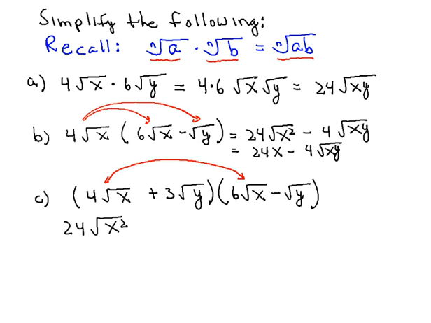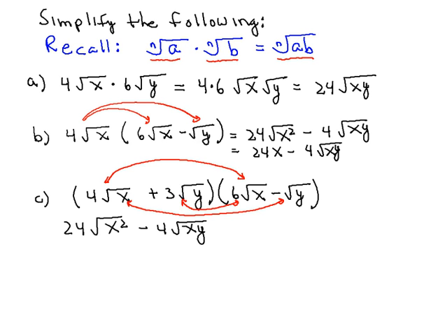And next we'll multiply the outer terms together, which will be these terms right here. That will give us minus 4 times the square root of xy. We next consider the inner product, which would be multiplying these 2 terms together right here.